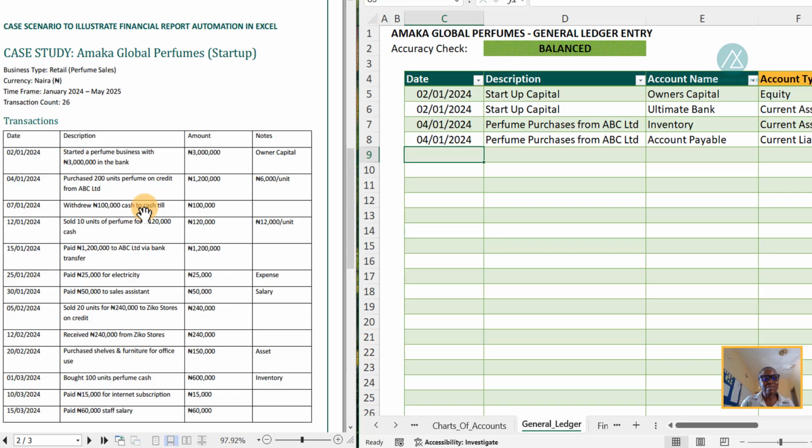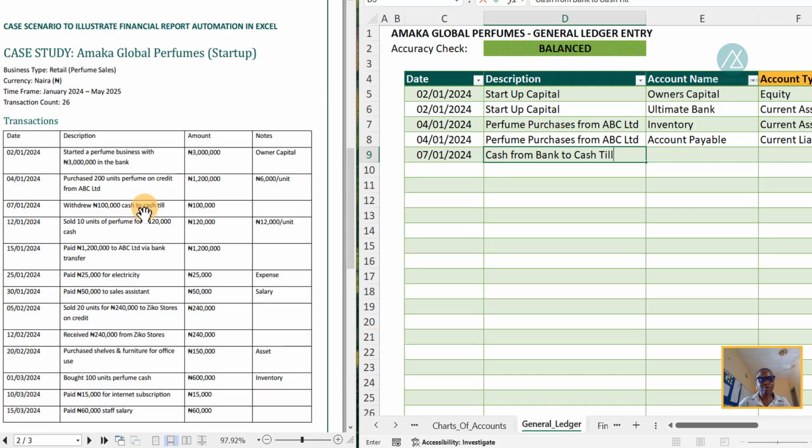So on that 7th, we withdrew 100,000 for Amaka Global Perfume into the cash till, right? So on the 7th of January 2024, cash from bank to cash till.